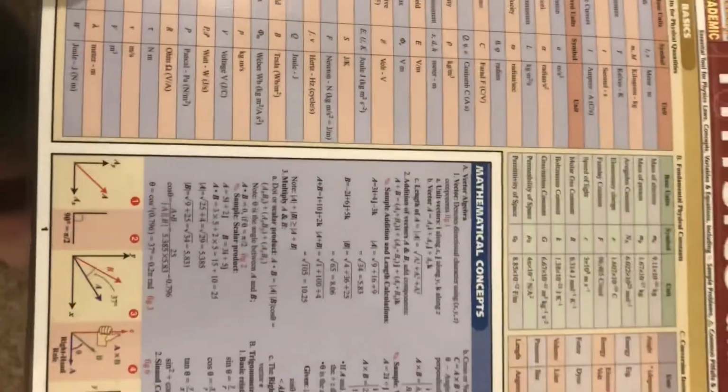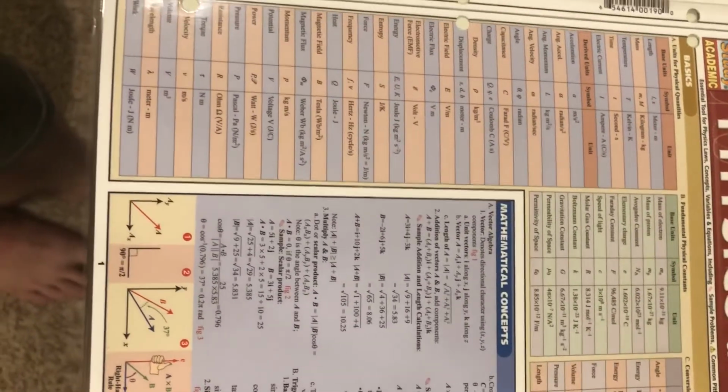So last week I mentioned that I had a little packet of equations that helped me get through Physics 1. This is it. I got it from the University of Utah bookstore 2 years ago.